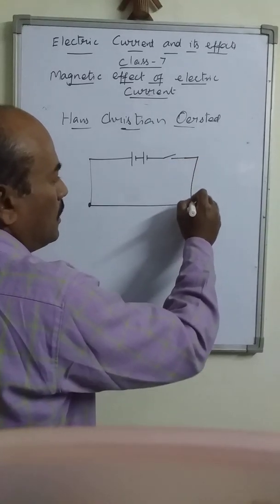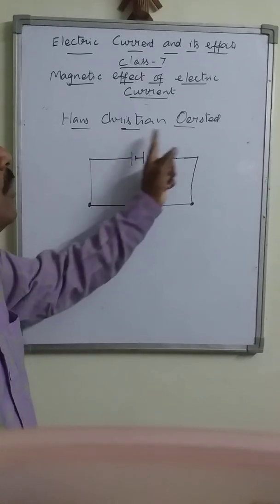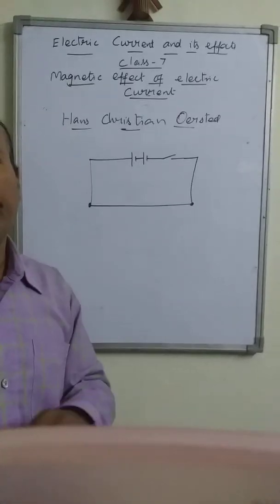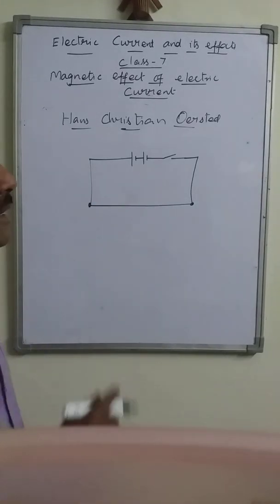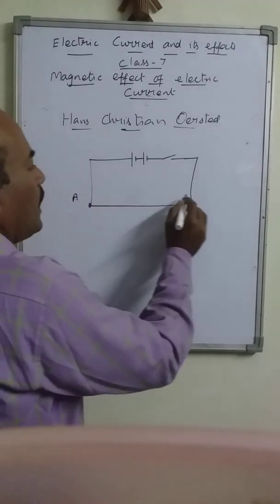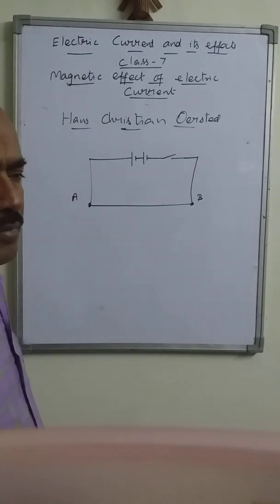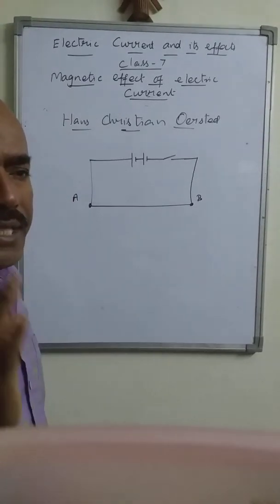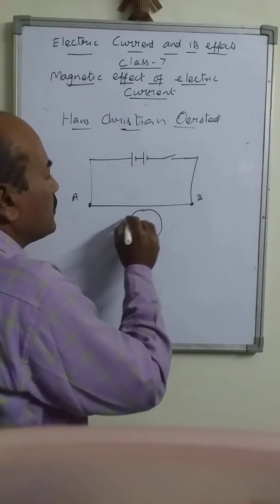Right? Now disconnect. Here no magnetic material is placed. Let the conductor be AB. Nearer to this conductor, we put a compass needle. The compass needle is placed like this.